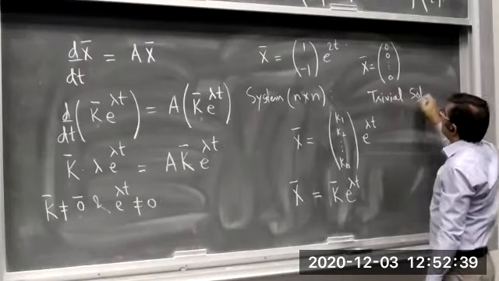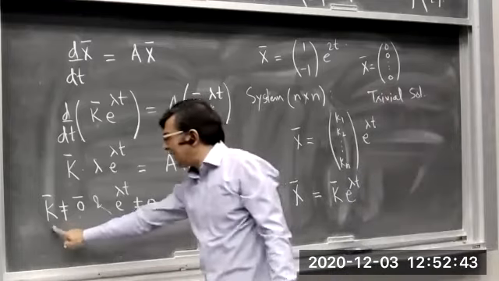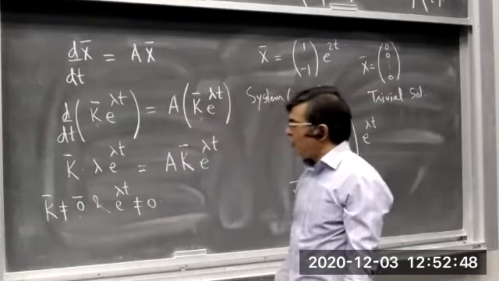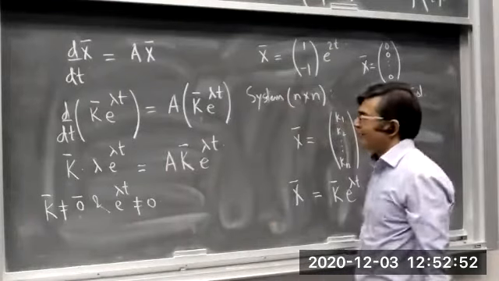But we are not interested in the trivial solution. We need to find a non-trivial solution, so we assume that k bar is non-zero. An exponential function is always non-zero, so we can eliminate the exponential factor from here.